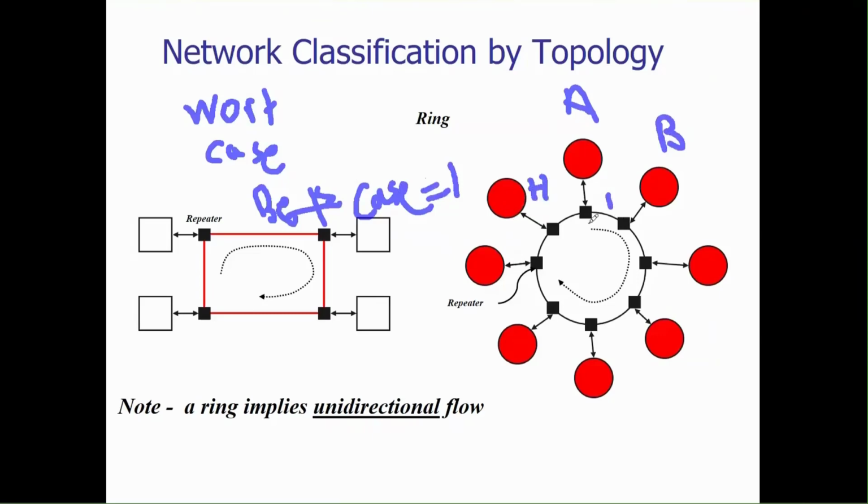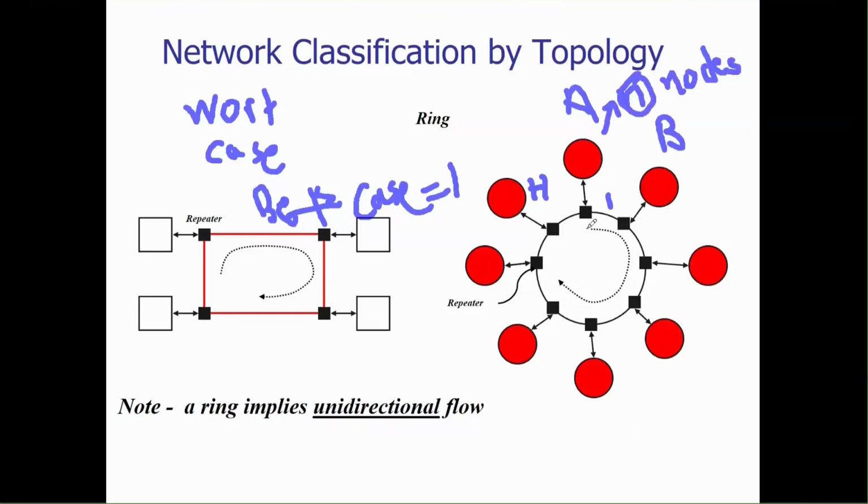And again, assuming the size of this is n, I have n nodes or n computers. So what's the worst case? If A sends to H, what's the worst case? It goes from A to B to C to D to H. Yeah, how many? I said n.